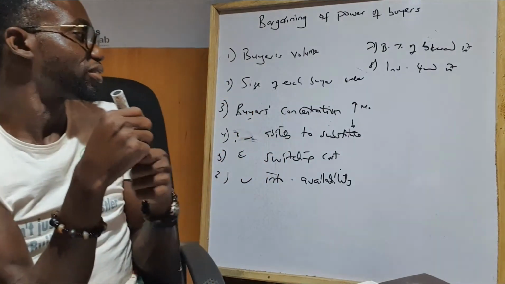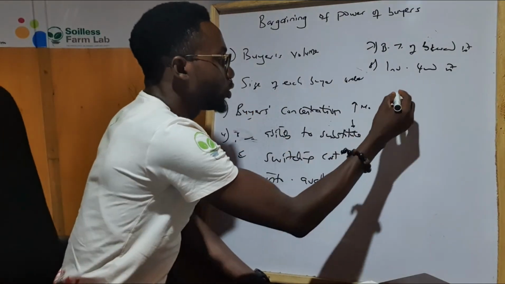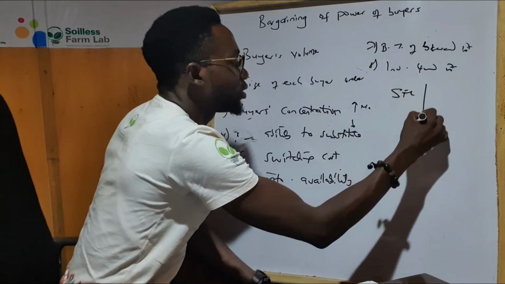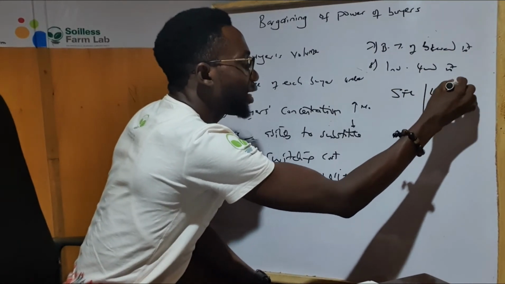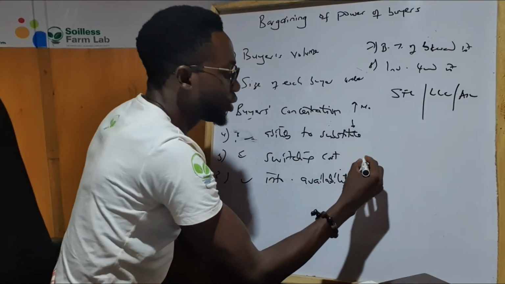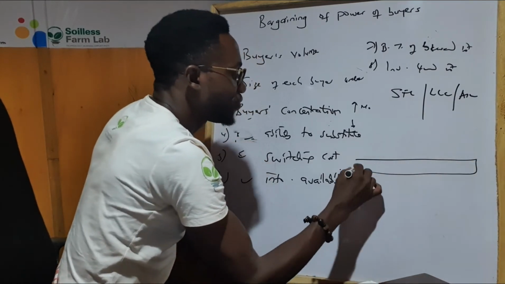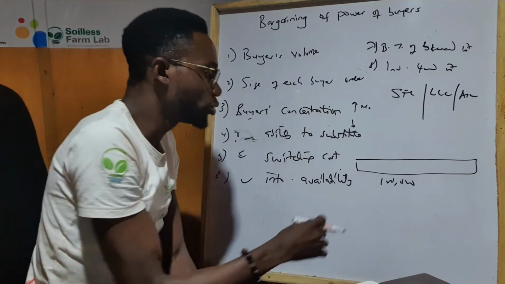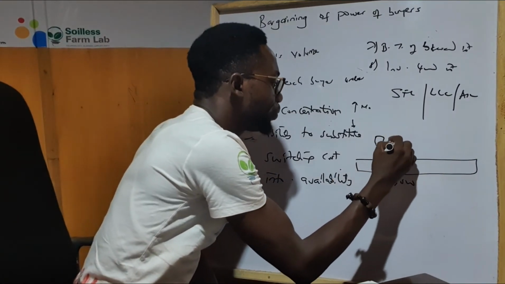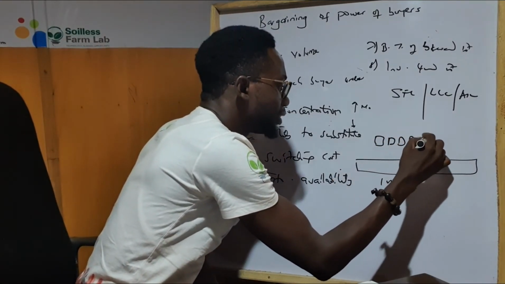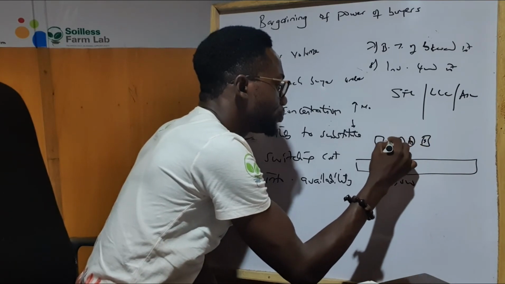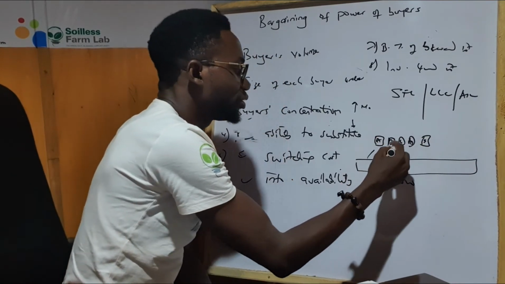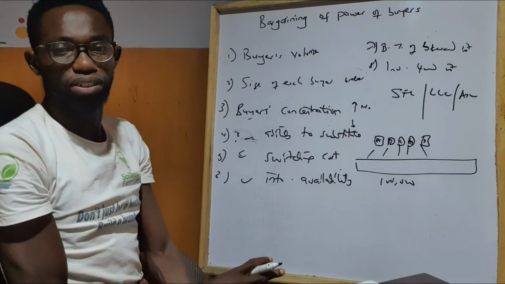What I mean by that is this. Let me explain that pictorially. So let's say there is SFL, there is another company called LLA, there's another one called AIL, and we have 100,000 people we sell to through, let's say, A, B, C, D, and E. This has been the norm.